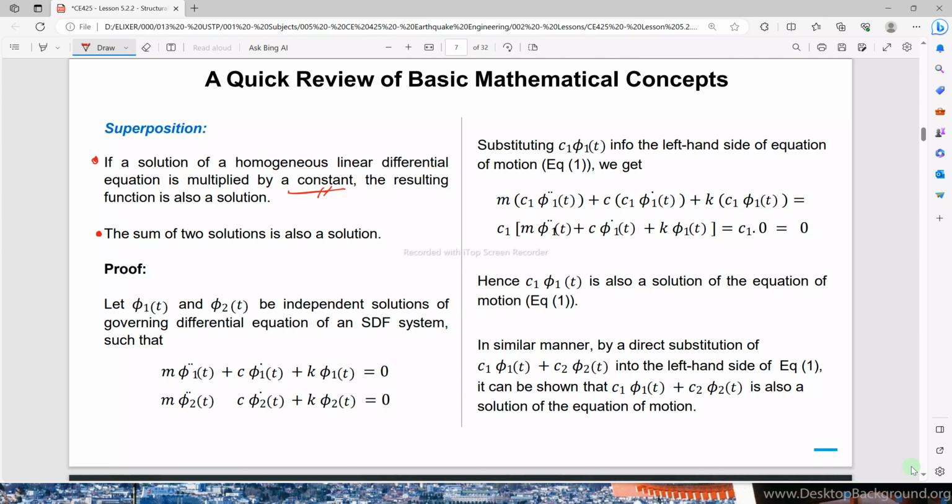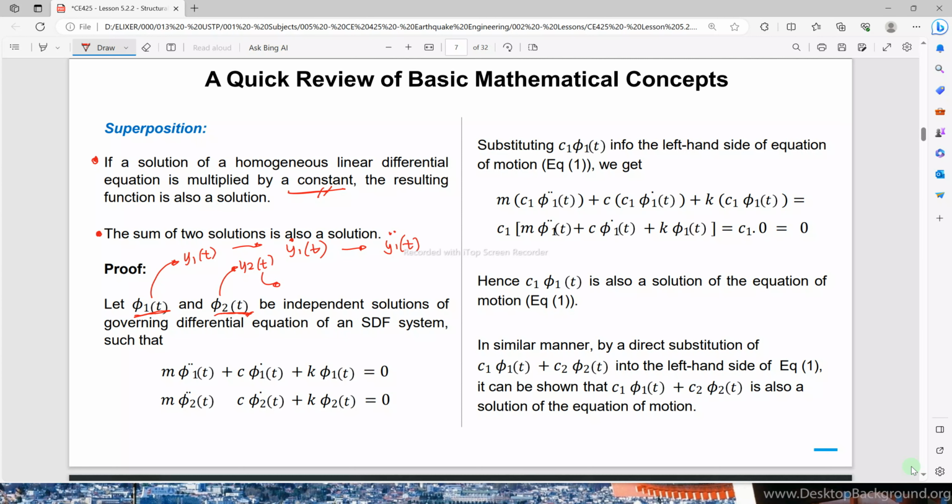So here, let's say we have our phi1 of t and phi2 of t. Let's say these are our independent solutions of the governing differential equation. This phi1 of t is the y1 of t in our previous example. If you take the first derivative of y1 of t, that will become y dot 1 of t, and if you differentiate again, you will have y double dot 1 of t.